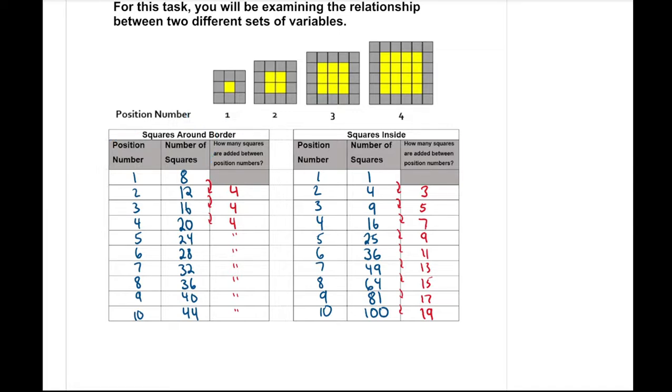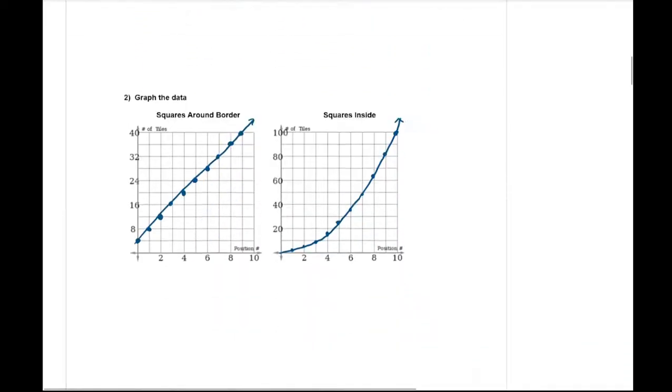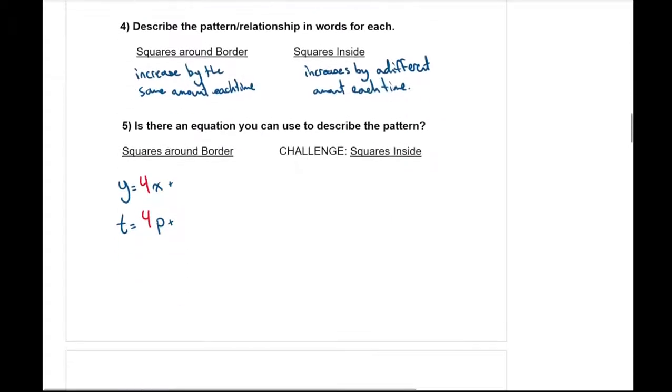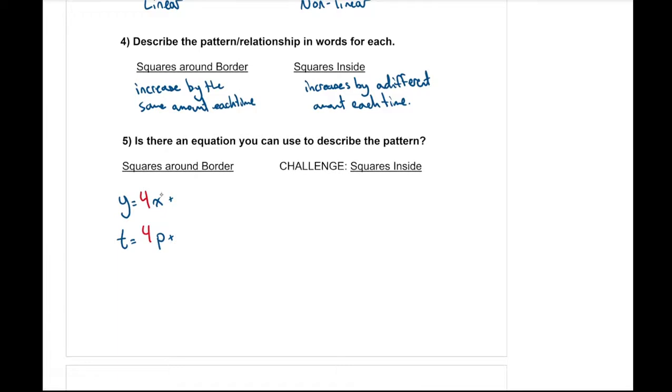I could also multiply each position number by the multiplier and see if I get my value. 1 times 4 does not equal 8, 2 times 4 doesn't equal 12, and so on. So there has to be a constant involved, and in this case, it's going to be 4. So my rule would be y equals 4x plus 4, or we could say t equals 4p plus 4.